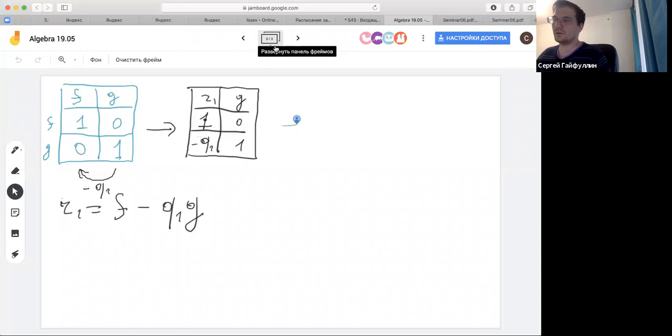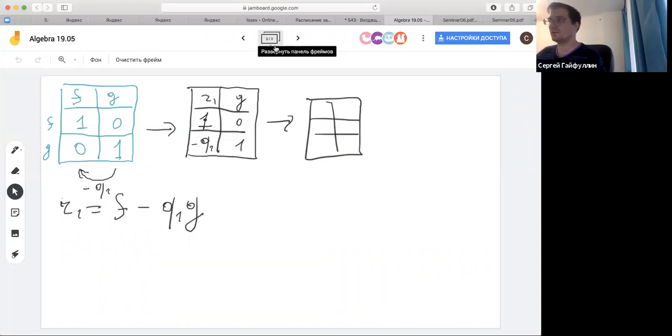We have the same operations. I always divide with remainder, but at the end, I have the greatest common divisor, and I have polynomials u and v here.